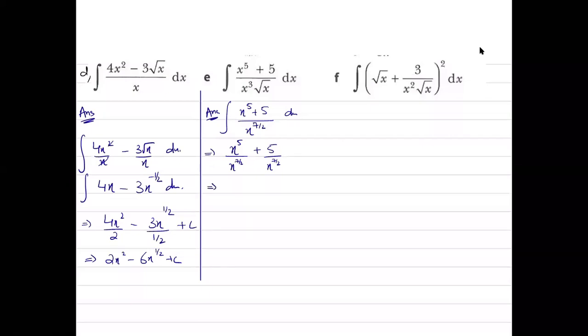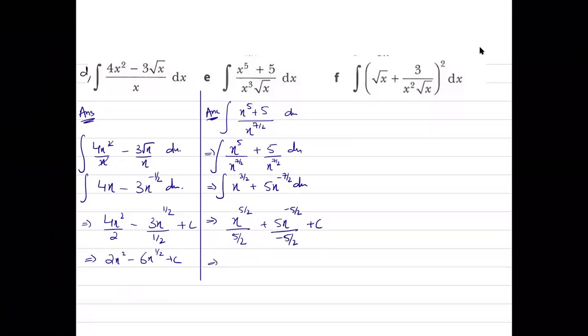Now x to the power 5 divided by x to the power 7 upon 2 is x to the power 5 minus 7 over 2, that is 3 over 2, plus 5x to the power of minus 7 upon 2. Now you can integrate this. x to the power of 3 upon 2 plus 1 is 5 upon 2, divided by 5 over 2, plus 5x to the power of minus 7 upon 2 plus 1 is minus 5 by 2, divided by the new power, negative 5 by 2.